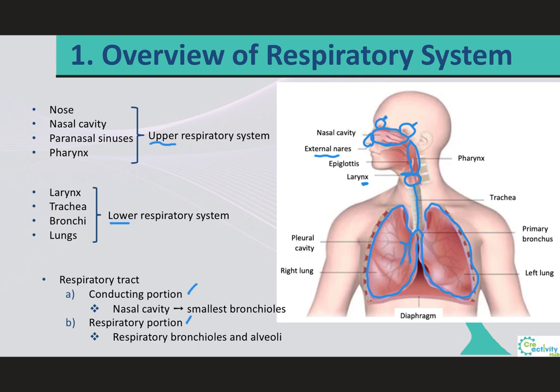Mainly in this module, we're going to be covering the conducting portion, which extends from the entrance to the nasal cavity, all the way to the smallest bronchioles of the lungs. And the respiratory portion, which we will cover in the next module, includes the respiratory bronchioles and the delicate air sacs, which can also be called alveoli, where the gas exchange actually occurs.